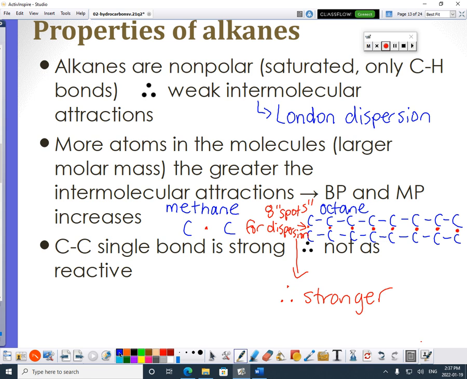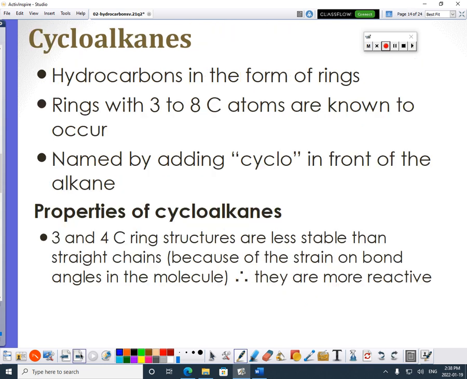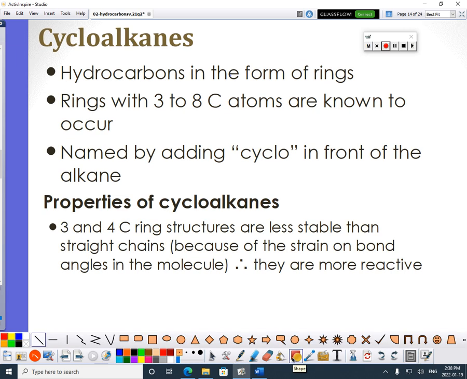Okay, so we're going to move on, but we're going to build on what we've just done. If you have a ring, we call that a cyclo. We put cyclo, but we're going to do the same thing. So if you have prop, a ring of propane looks like this. This would be butane, cyclopentane, cyclohexane.